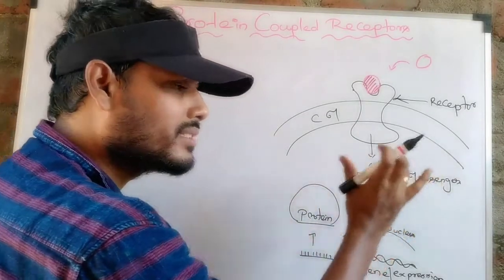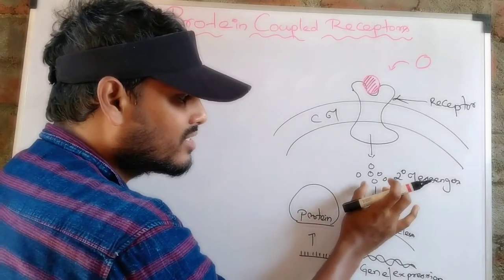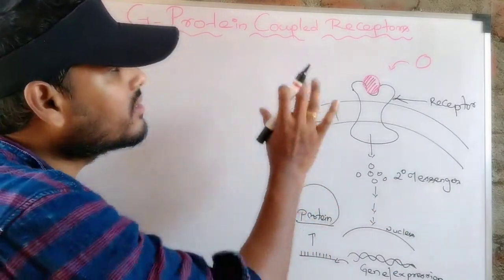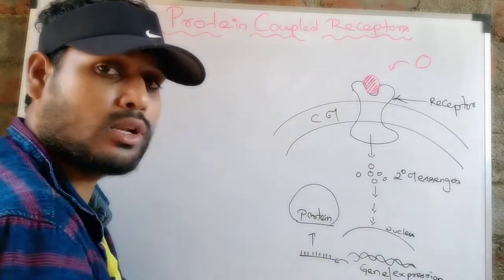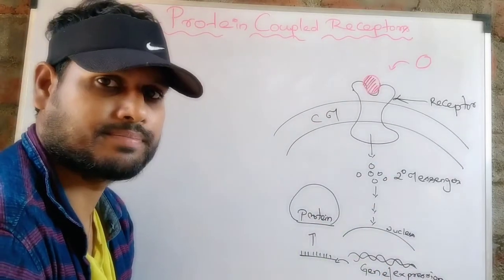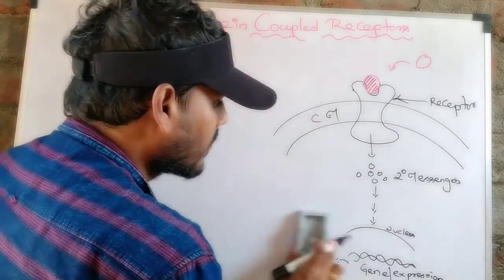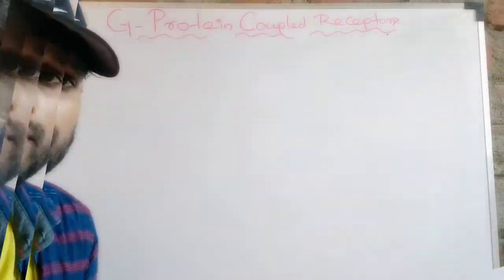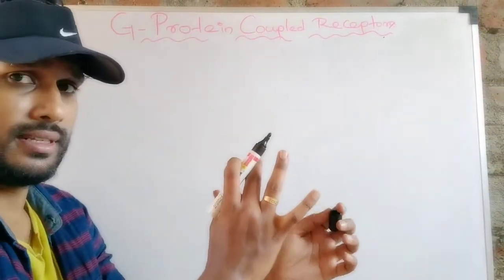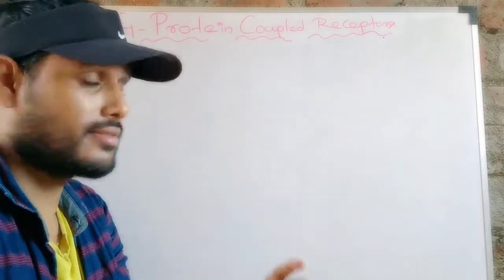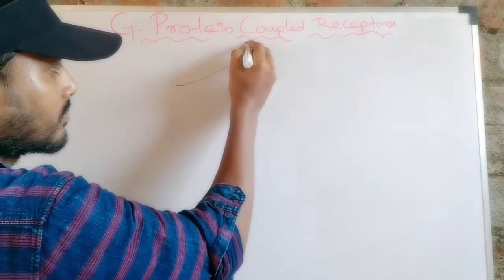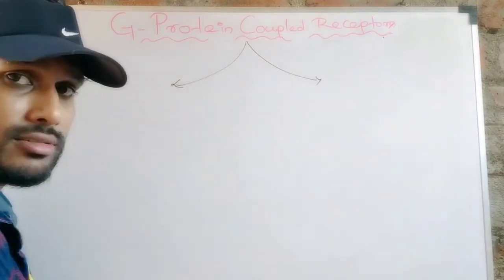What secondary messengers will they create? What series of activations takes place in this particular type of receptor? Then we'll see how the biological response will occur. In G protein coupled receptors, we have two pathways to get the biological response.